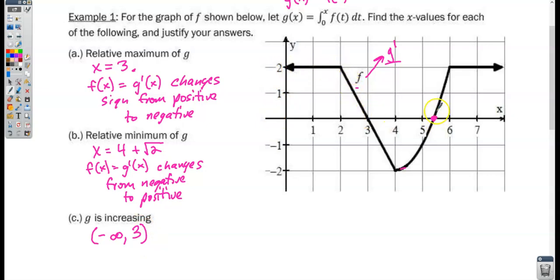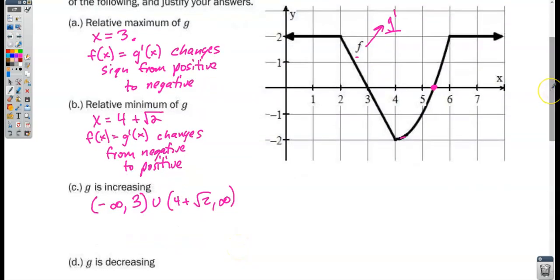And then from over here, 4 plus square root of 2, up, there's where it's increasing, because f of x, which is equal to g prime of x, is greater than 0 on these intervals.